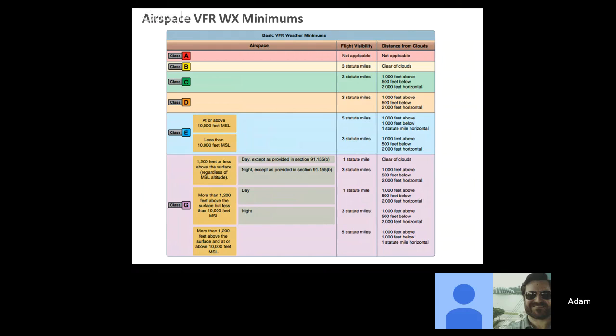So just a couple themes here. You can see that the airport airspaces, Class B, C, and D, that have control towers, all have somewhat similar requirements.